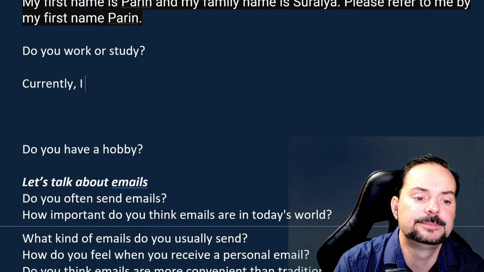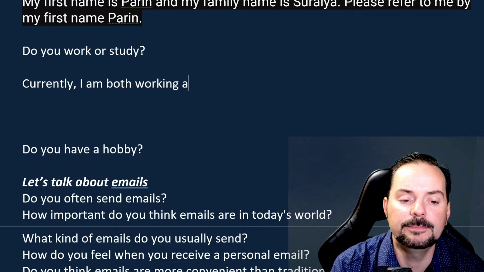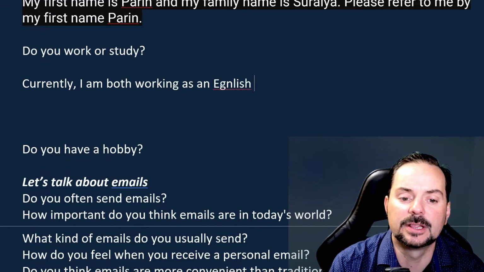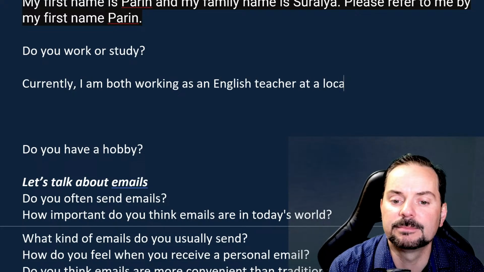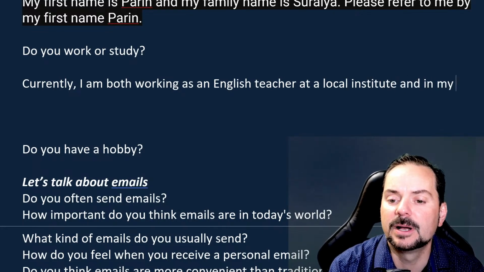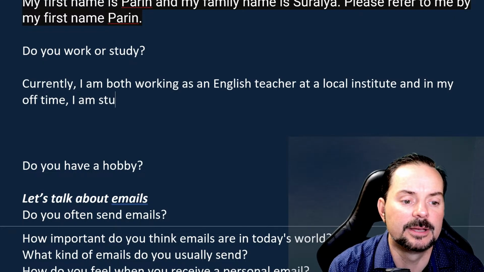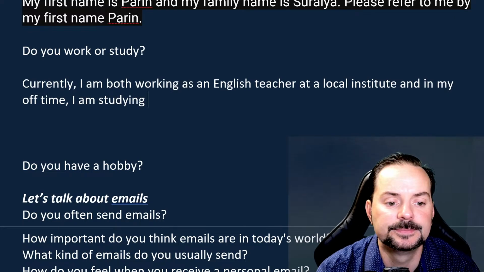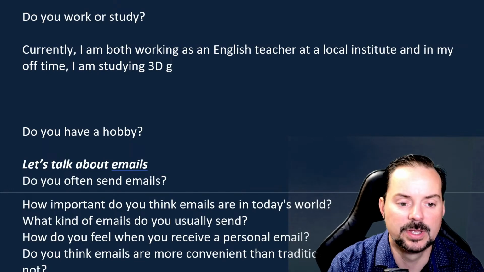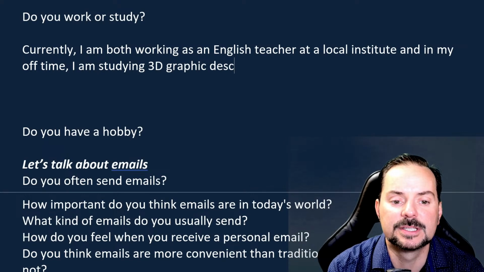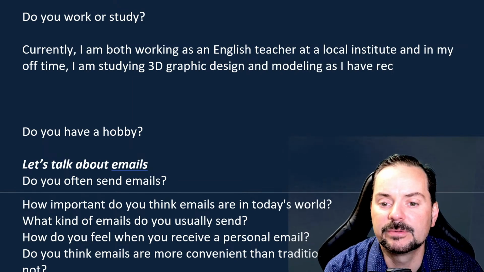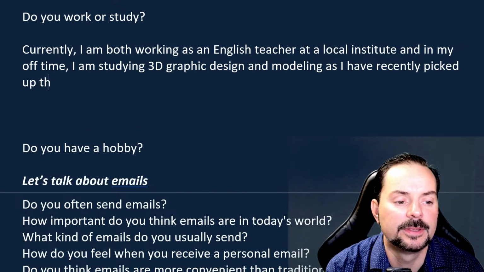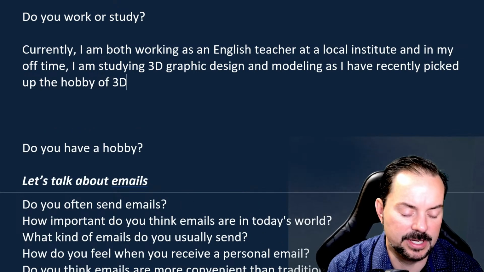Currently, I am both working as an English teacher at a local institute, and in my off time I am studying 3D graphic design and modeling, as I have recently picked up the hobby of 3D printing.